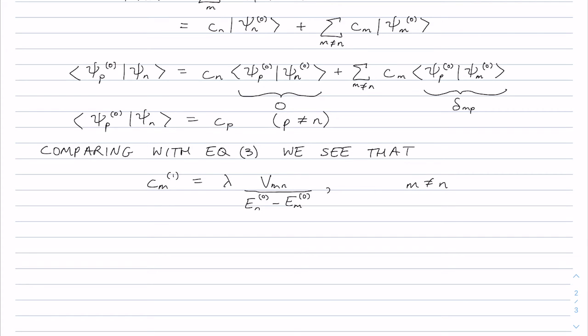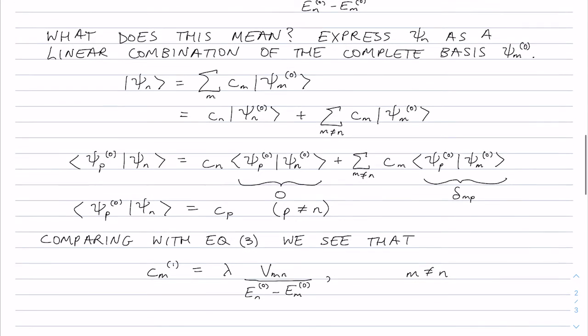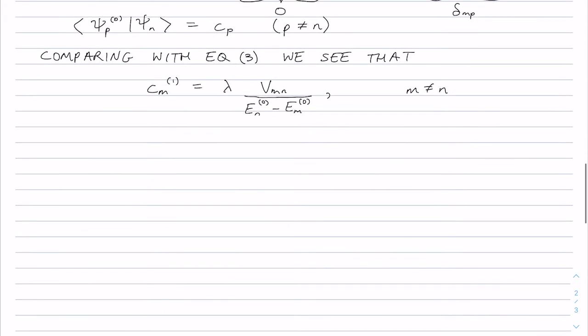So this gives us the first order expansion of the wave function. When we ask how this wave function changes, we've got this wave function, and you've added this perturbation. We express that change in terms of all of the basis functions psi m 0. And then all we need is the coefficients of that expansion, the Cm1. Those tell us how the wave function changes.